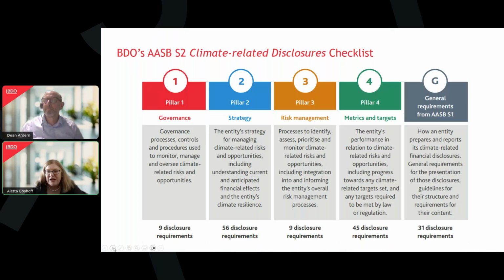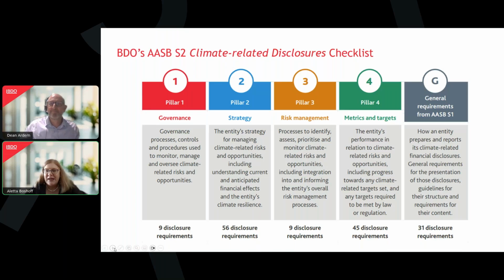But there's actually a 5th pillar, and that is some of the requirements from the voluntary AASB S1 has been included in the appendix to AASB S2, because those requirements, there's 31 of them, are actually applicable and mandatory, even if you're only looking at AASB S2. So making sure you've addressed everything. There's exactly 150 disclosure requirements. So it's an extensive job.